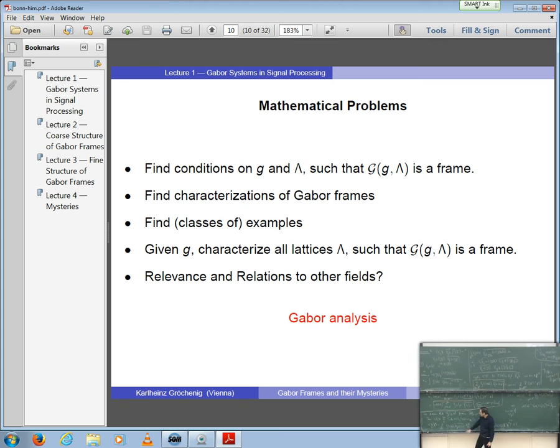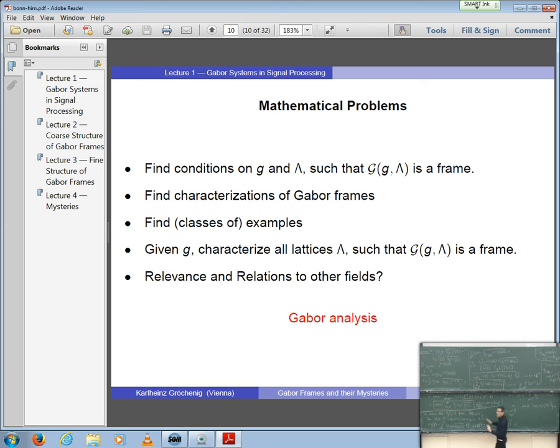True for all f. So this means f possesses a representation of this form. And then you take into consideration that, okay, here we need the Bessel assumption that this is Bessel, so that the 2 norm of f and the 2 norm of the coefficients are equivalent.